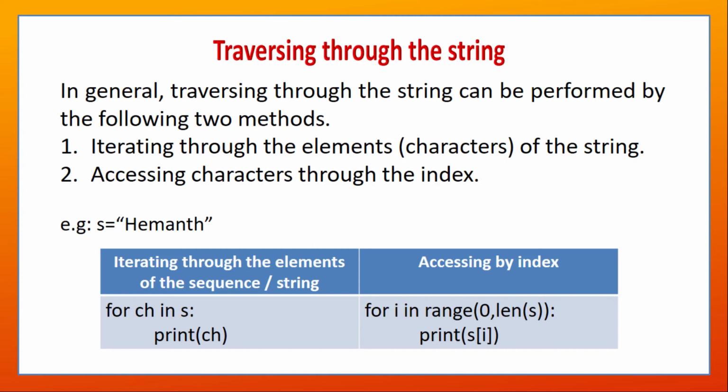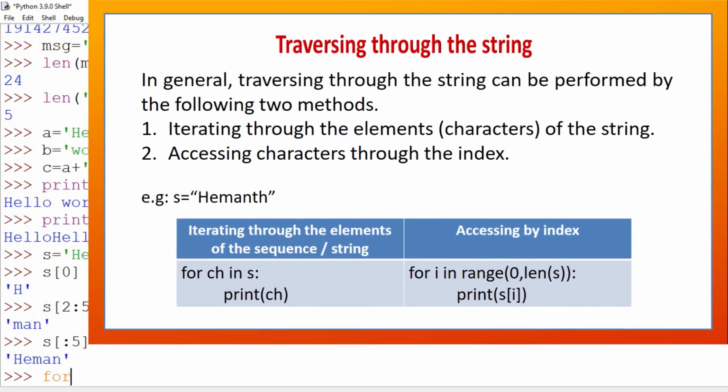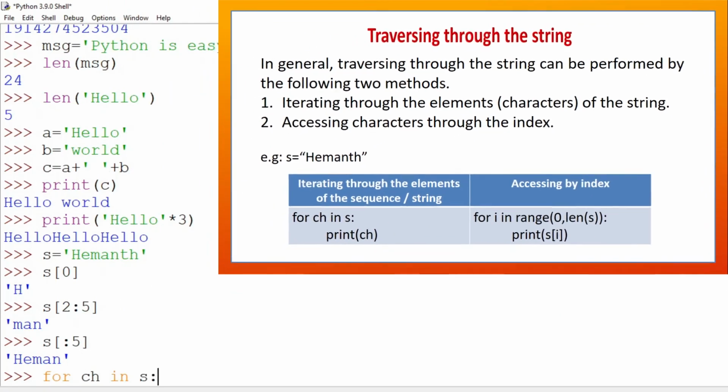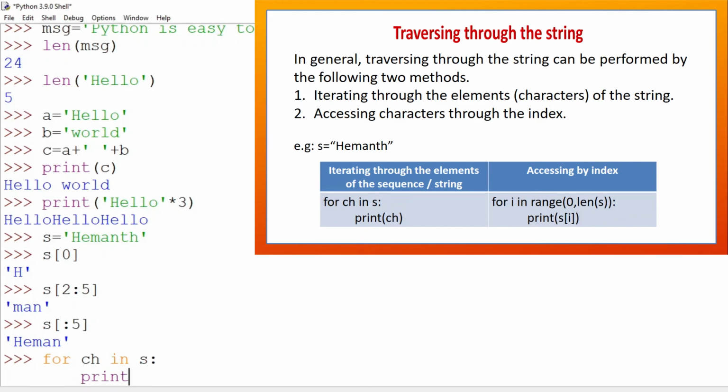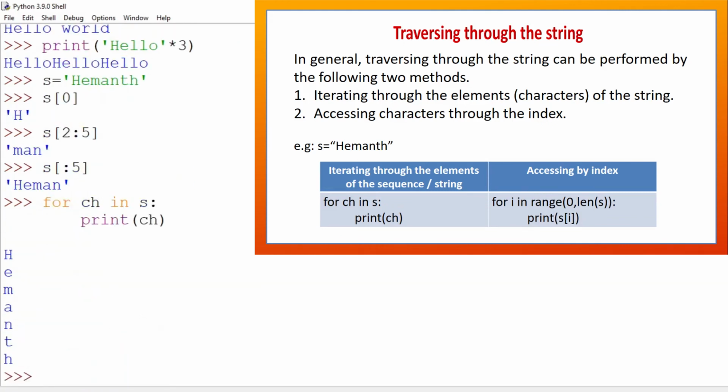For example, s = "Hemant". Iterating through the elements of the string, that is for ch in s: this will fetch one character for each iteration up to the end of the string for performing any operation.